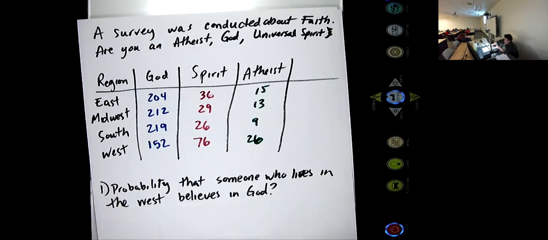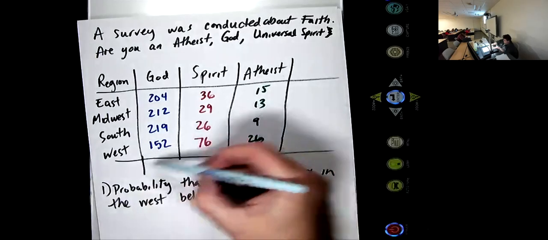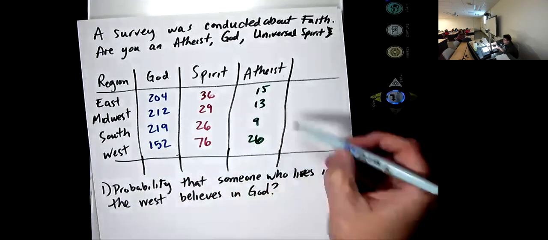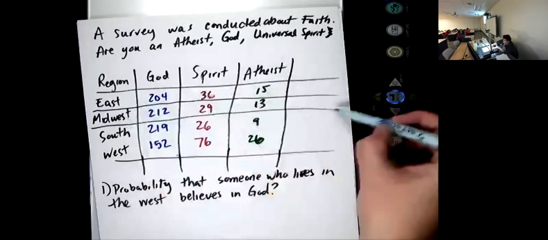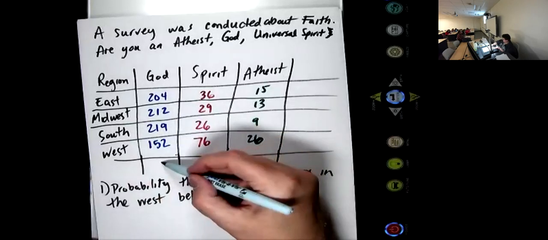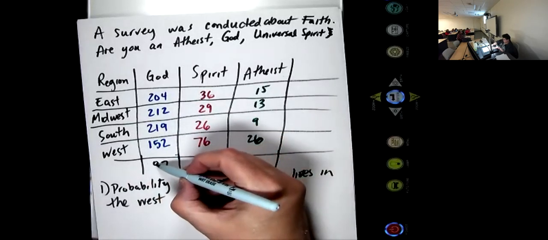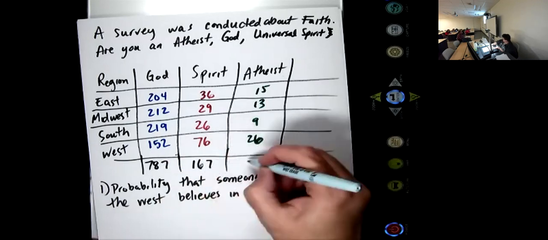So maybe it might be helpful to tally each of these things up. Maybe I'll tally the rows. I have the columns written down. For some reason, I don't have the rows written down.